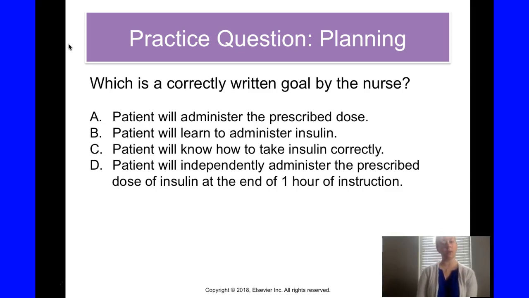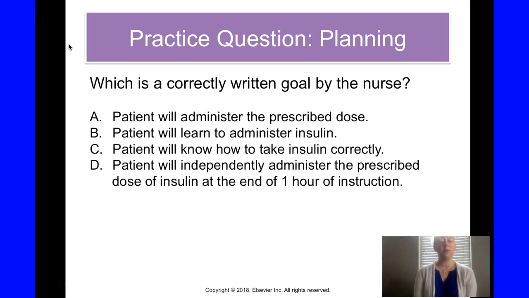So going back to the last question, is it measurable? Are A, B, and C measurable? No, they're not. You would wipe out A, B, and C right away because there's nothing specific. You'll administer the dose. Well, what's the dose? You'll learn to administer insulin. Well, how and by when? And then you know how to take insulin correctly. Well, how and when? All right. Is it realistic? And is it patient-centered?